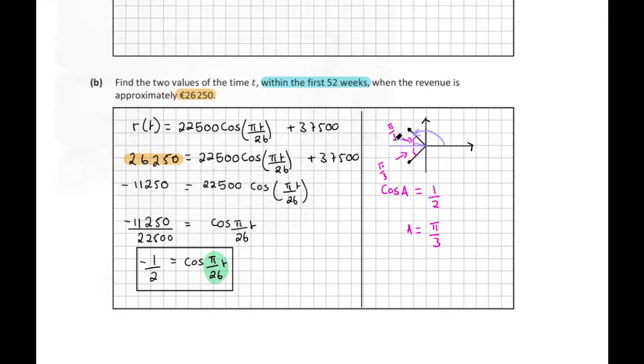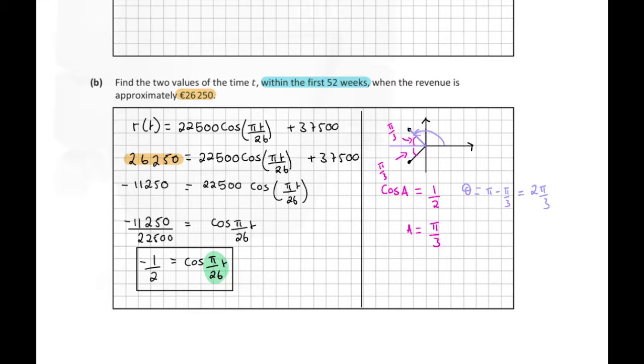We haven't gone the full way around. We've stopped short of it by pi over 3. So really that purple angle, we'll call it theta, is equal to pi minus the pi over 3, minus the reference angle. And what we will get is 2 pi over 3.